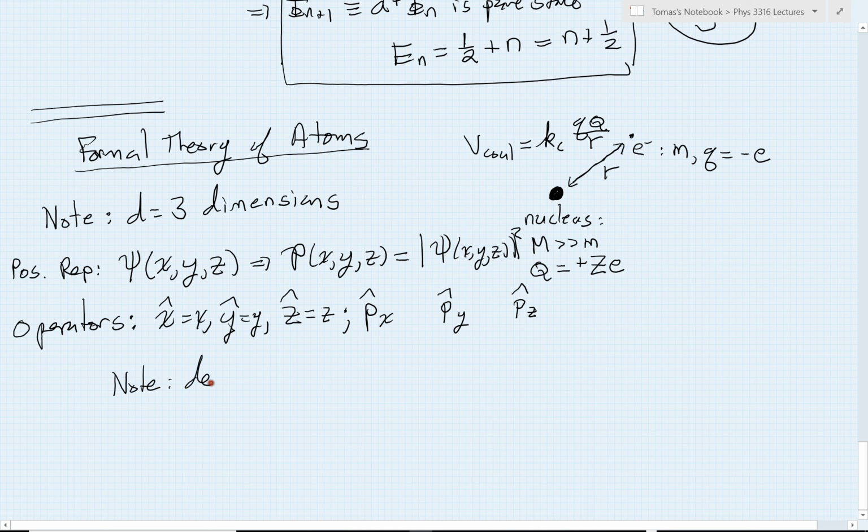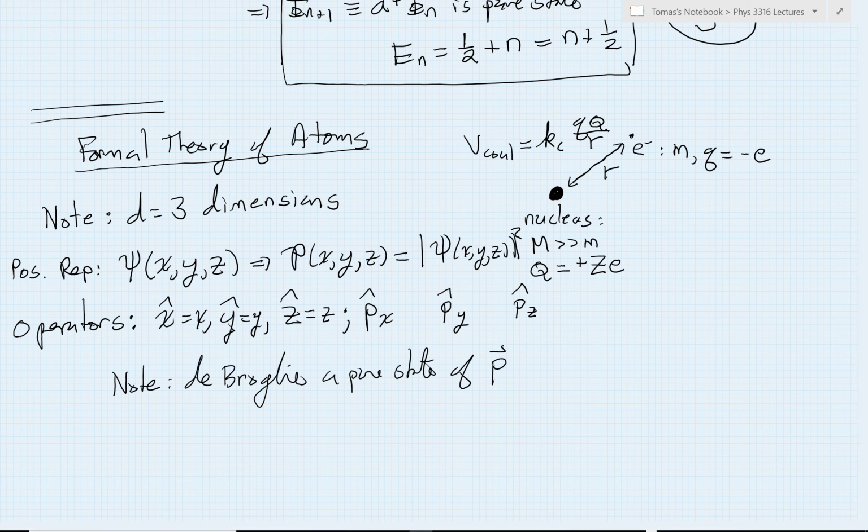So de Broglie is going to teach us, if we are in multiple dimensions, that if I have a pure state of momentum p, and p has 3 components, it's actually a vector, the way we connect momenta to waves, or the way we write down waves, is, of course, with a wave vector.